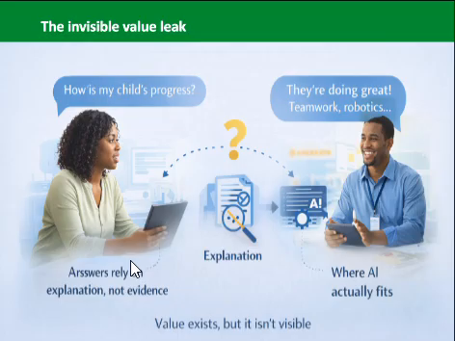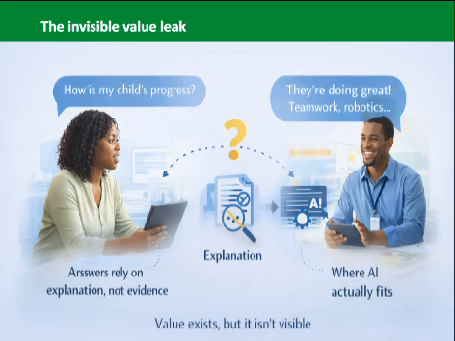As usual, the instructors respond with positive feedback, such as the child did well today, there were a few challenges, but overall they performed well. However, there's no consistent record, no progress tree, no structured summary. This is why I said the value is real, but it's invisible.